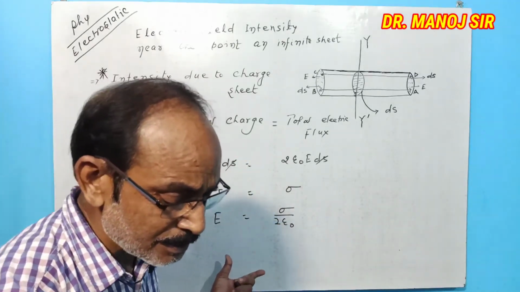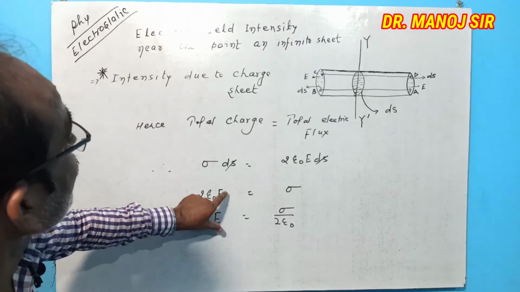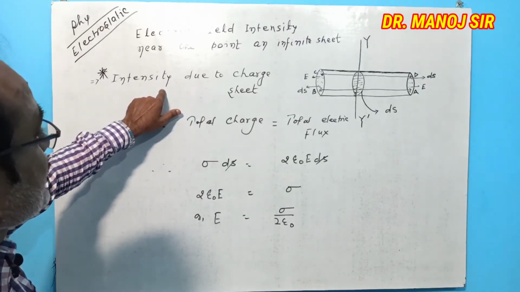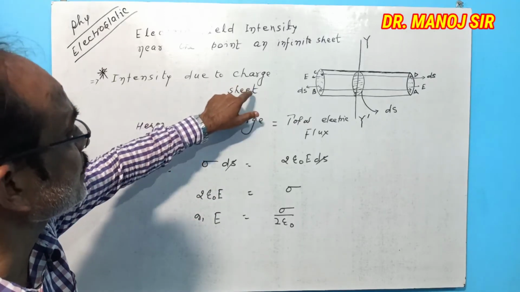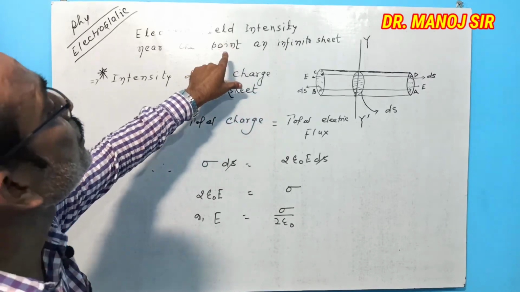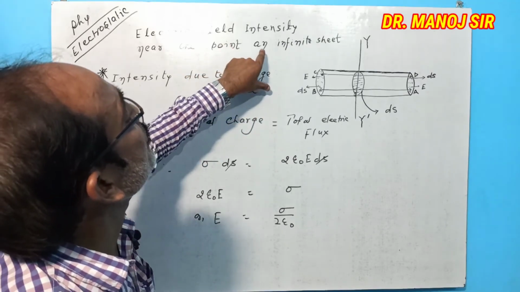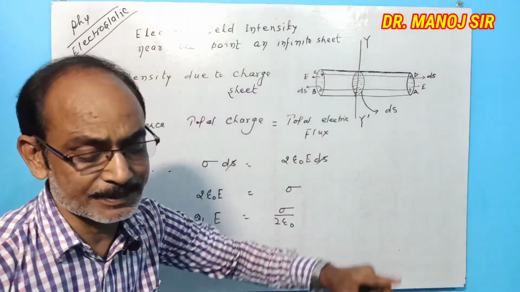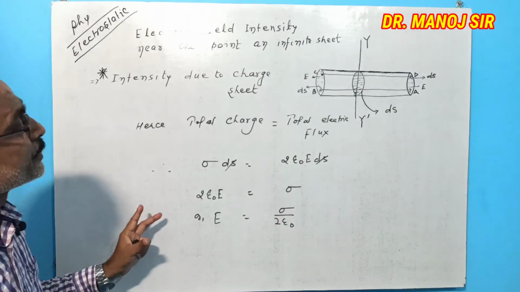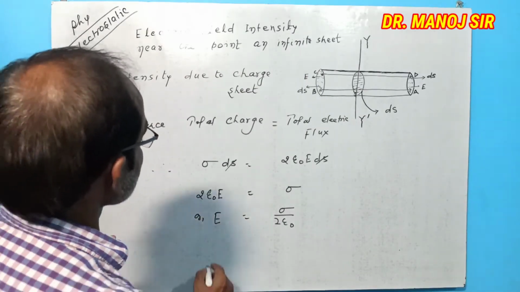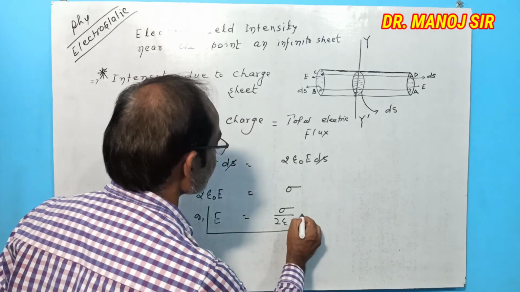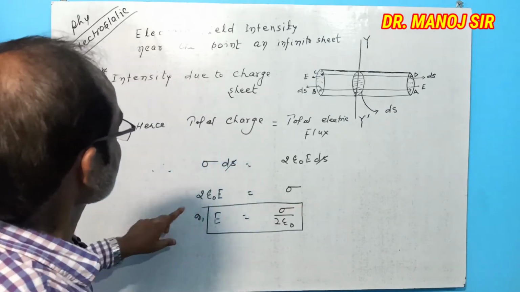This is the resultant electric intensity due to a charge sheet at a point of an infinite sheet. That is the result of Gauss's law.